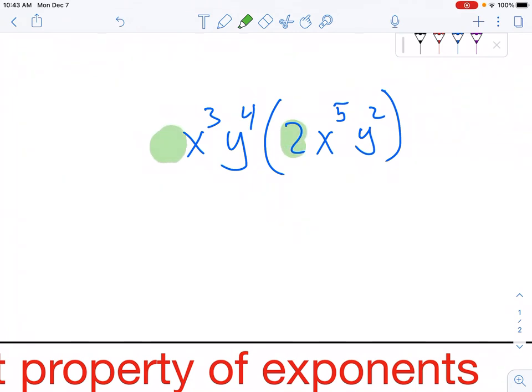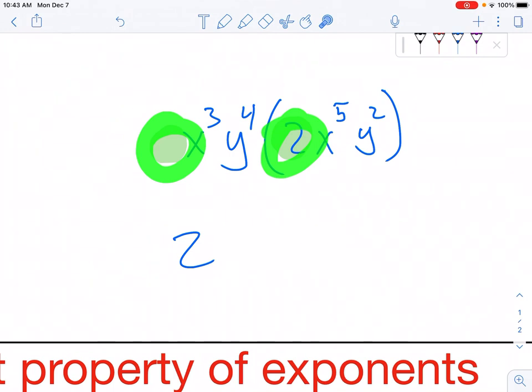If there's no base number here, it's just a 1. So 1 times 2 is 2, or we could just say there's no base number to change our 2, so we're just going to rewrite our 2.